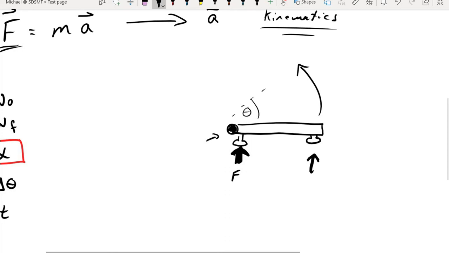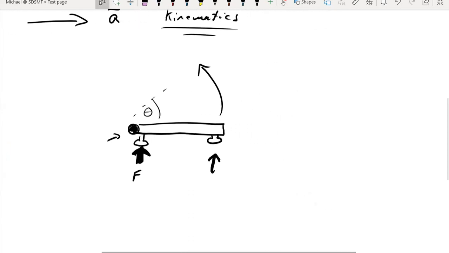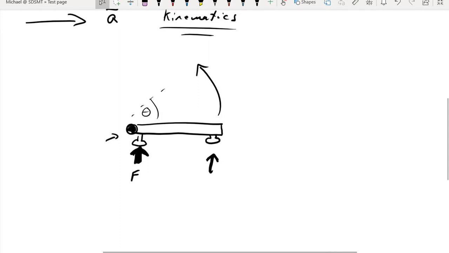So this actually relates to a mechanical efficiency, but it also shows us that the placement of our force with respect to the pivot point becomes a critical relationship to how much rotation we're going to get.